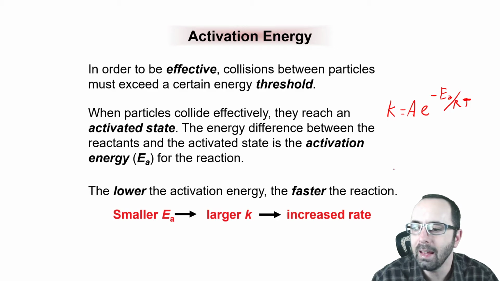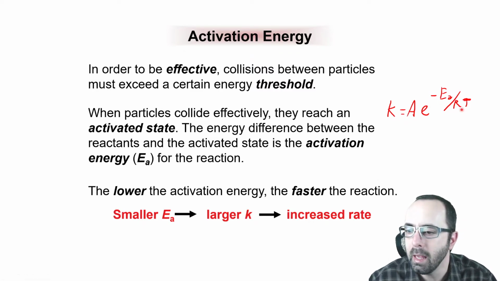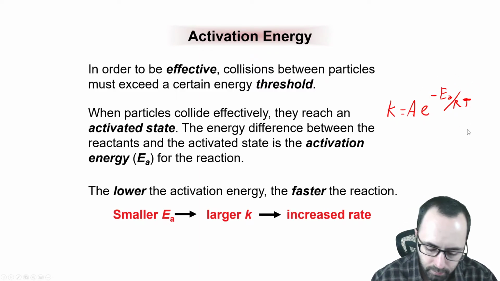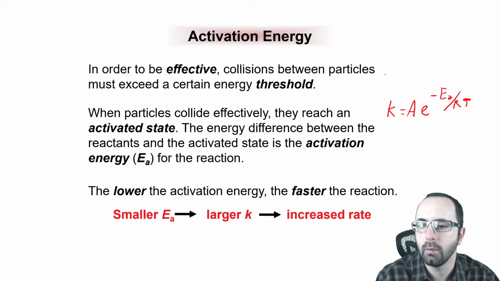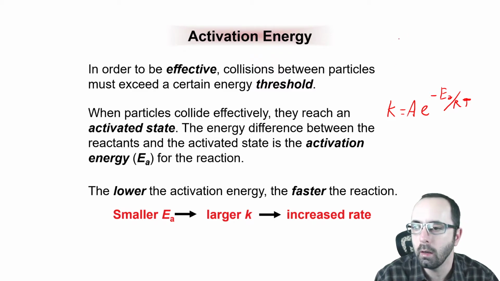So this is e to the negative power. What this means is that as this number gets bigger, this whole exponential gets smaller. Think of it like this: what is a bigger number, 2 to the minus 1 or 2 to the minus 2?